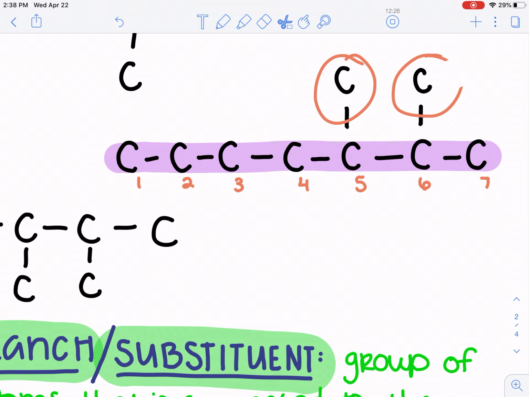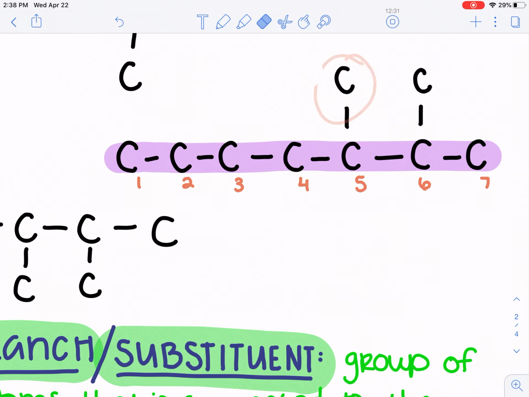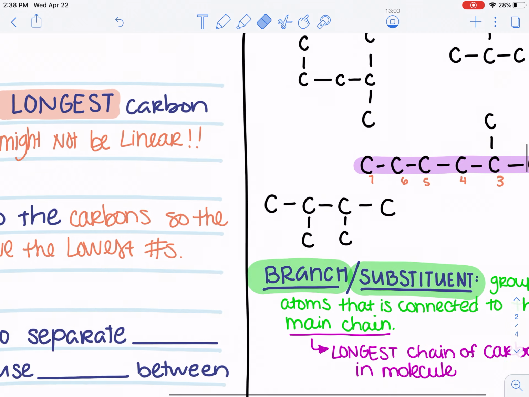But can I number in a different way so that those branches have smaller numbers? And I can number from right to left, which seems backwards, but it still works. So now my branches are on the 2nd carbon and the 3rd carbon, which is lower than the 5th and the 6th carbon. So I want to number in this direction. So I'm going to leave the numbers there.